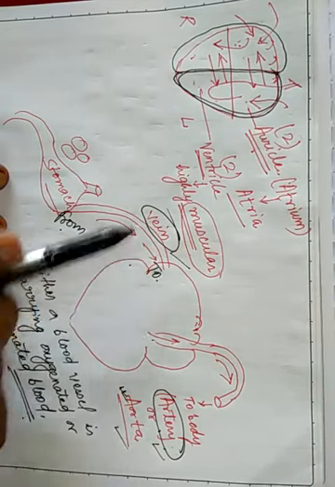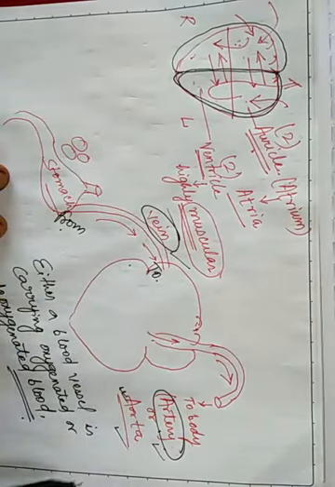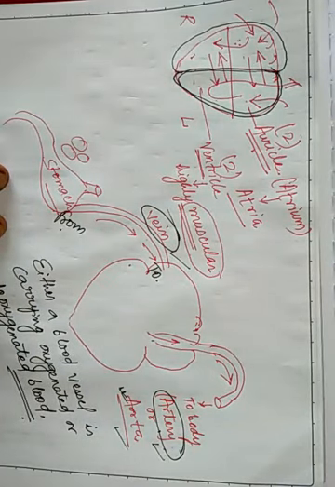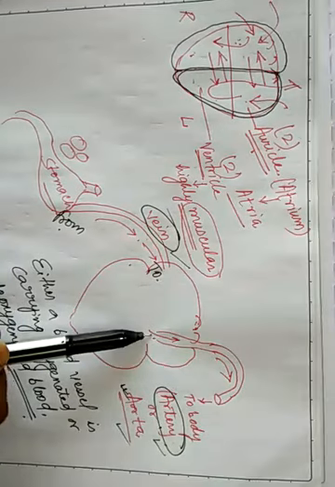So don't name vein and artery on the basis of oxygenated and deoxygenated blood. That is not the actual definition of artery and vein. I have discussed the actual definition with you.